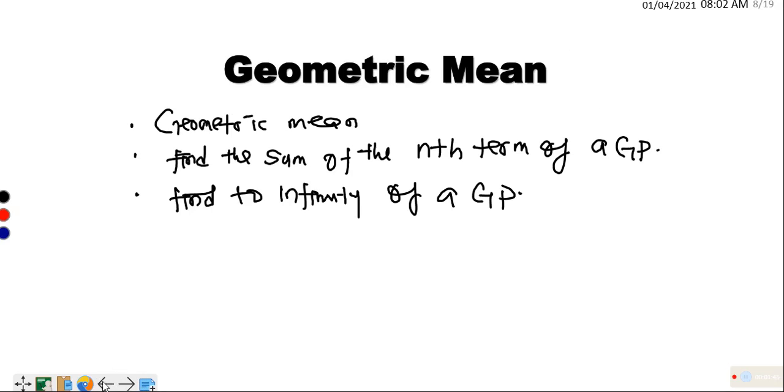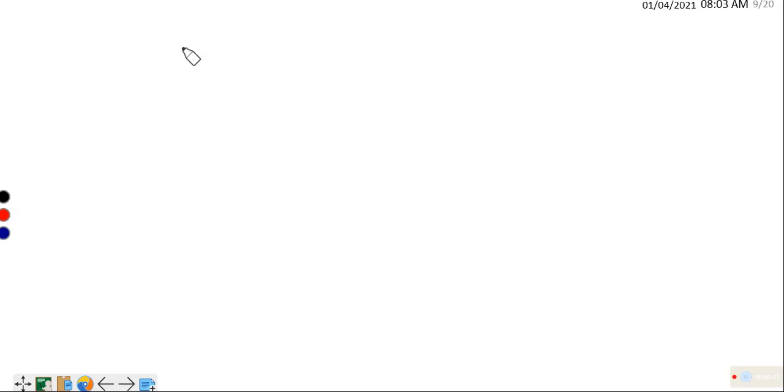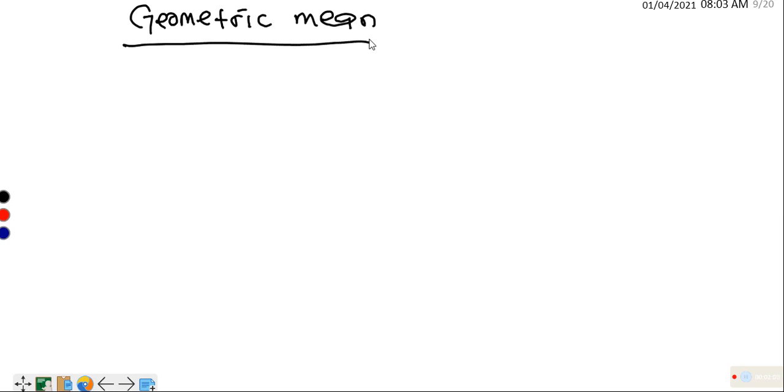Now when we talk of geometric mean, what do we mean by geometric mean? If you have 3 terms of a geometric sequence A, B, C, you know the common ratio is obtained by dividing the second term by the first term, the third term by the second term, and so on and so forth.